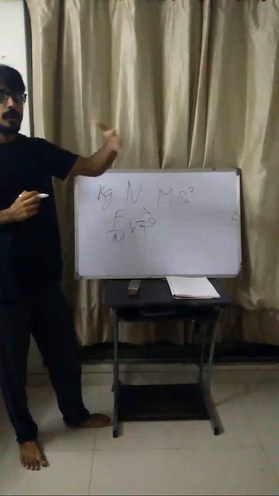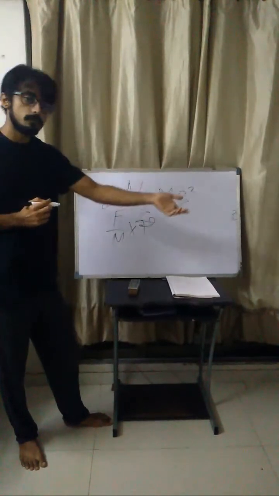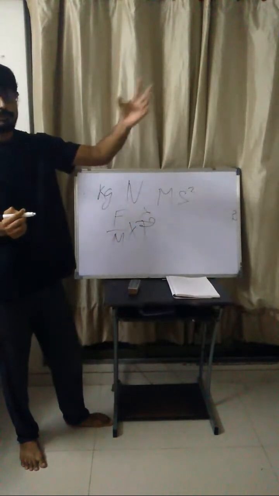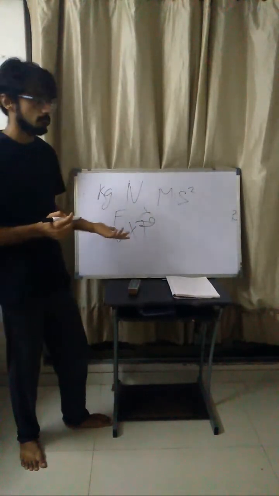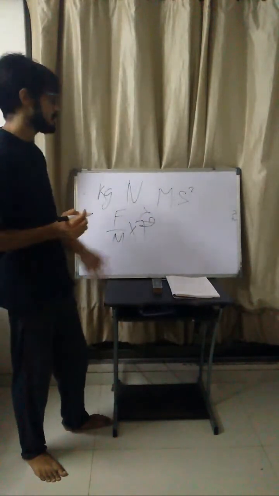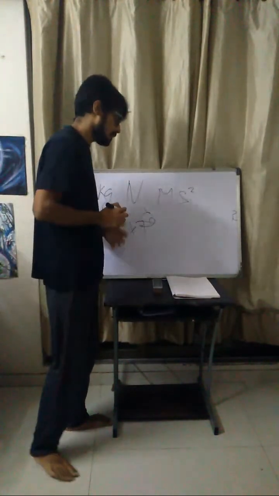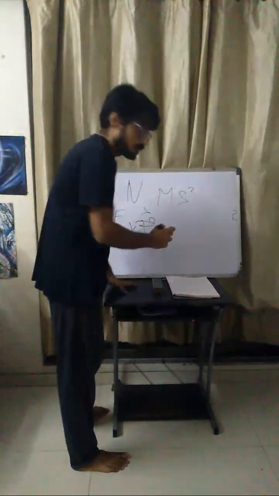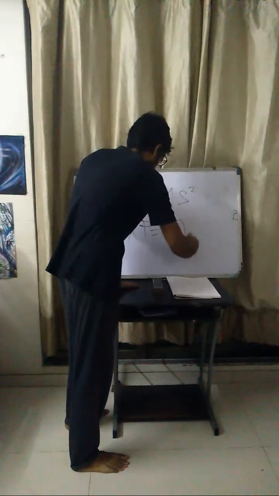The inertia of a body in a certain direction is its momentum. It's that simple. And that can be said as how difficult it is to remove the movement of a body. Very simple. How much force do you need to remove the movement of a body? That's its momentum, right?